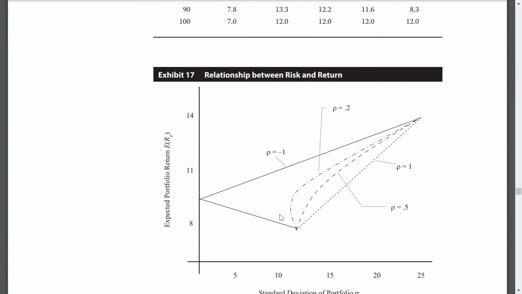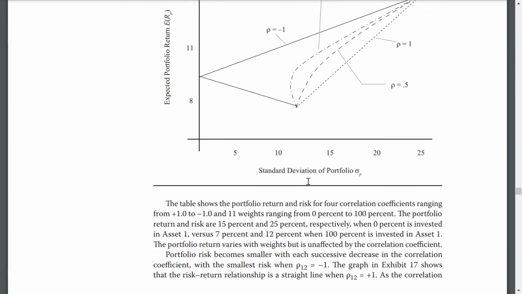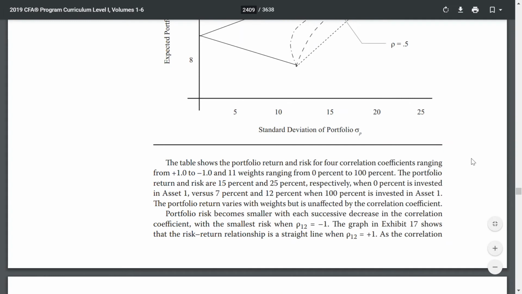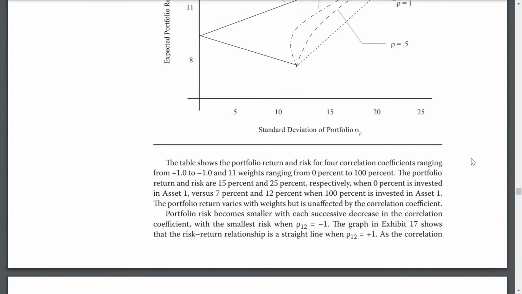Relationship between risk and return. The table shows the portfolio return and risk for correlation coefficients ranging from 1 to -1 and 11 weights ranging from 0 to 100%. The portfolio return and risk are 15% and 25% respectively with 0% invested in Asset 1, versus 7% and 12% when 100% is invested in Asset 1.